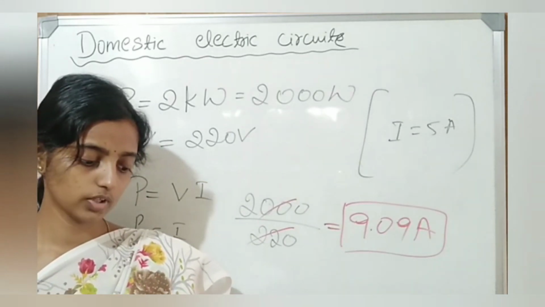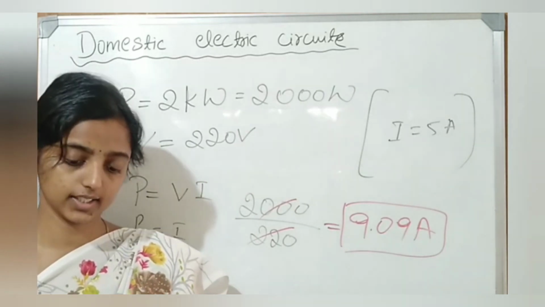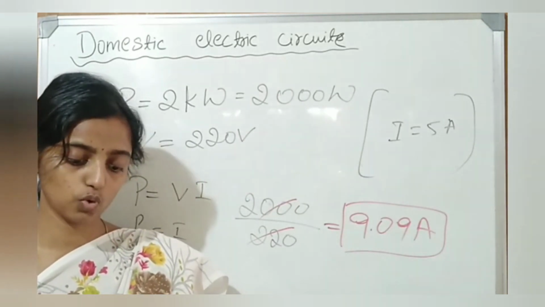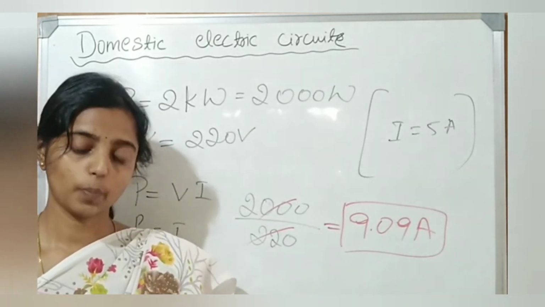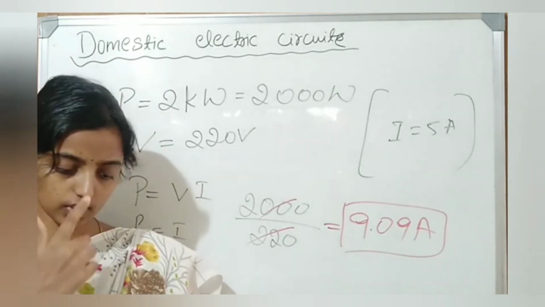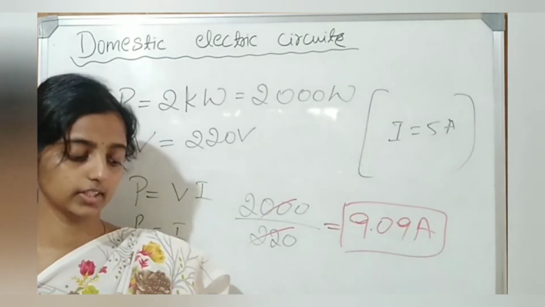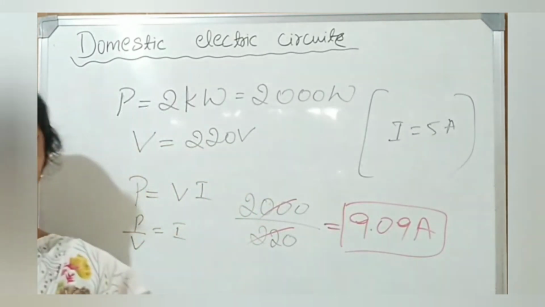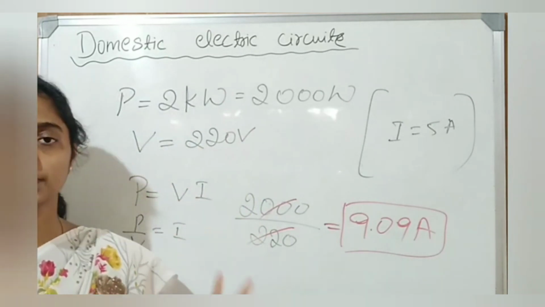Then we studied force on a current carrying conductor. Then we studied Fleming's left hand rule. Then electric motor, electromagnetic induction. Then we studied Fleming's right hand rule. Then electric generator, and the last topic is domestic electric circuit. So we covered all the topics in this chapter.